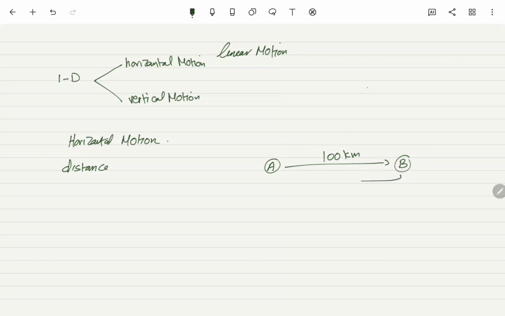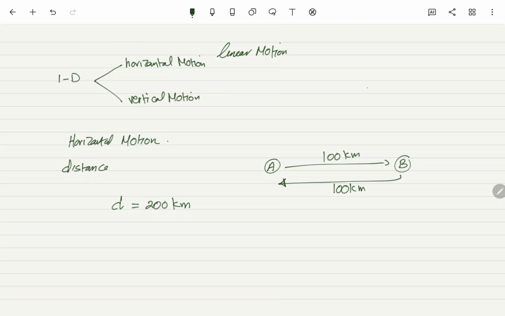If you drive your car back to city A, now the distance is another 100 kilometers. So the total distance D here is equal to 200 kilometers.